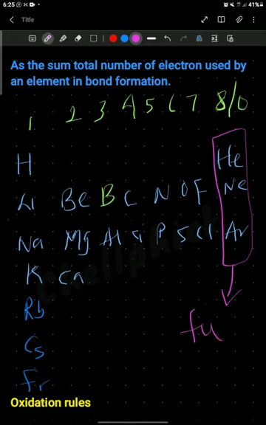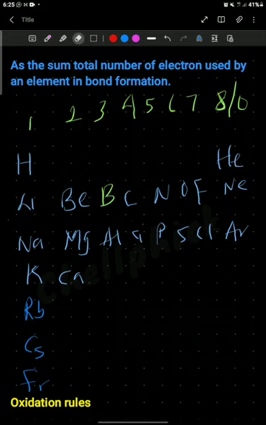They are not reactive because their shells are fully filled. I repeat, their shells are fully filled. Because of that, they don't have to react. So their oxidation number is totally 0. It means that if I'm solving a reaction and they ask me to find the oxidation number of helium, neon, argon, and going down the trend, we have krypton as well, Kr, they can ask you to find any of these elements.